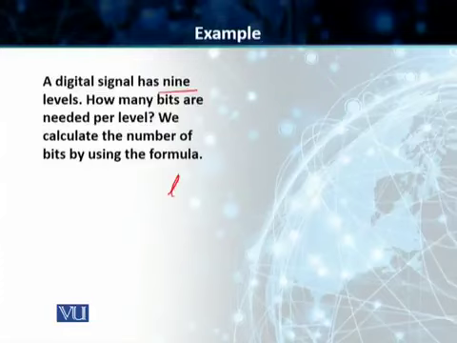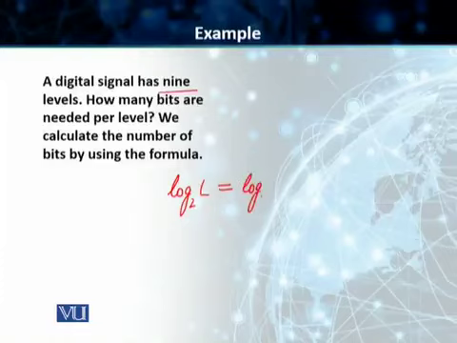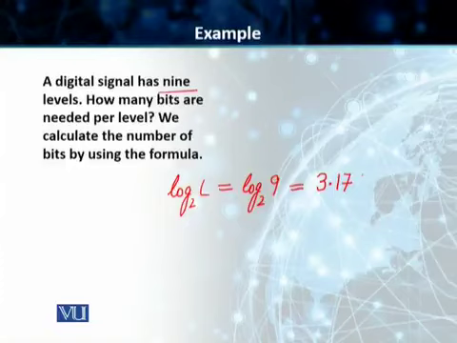As you know, we have got log to the base 2 of L. Let's insert the values. Log to the base 2 of 9, which comes out to be 3.17 bits per level.